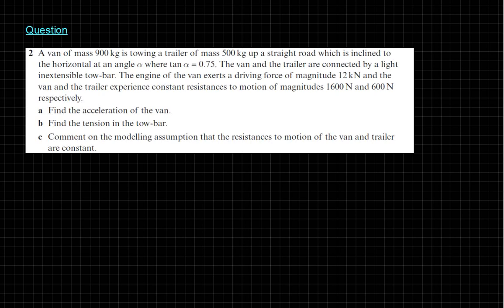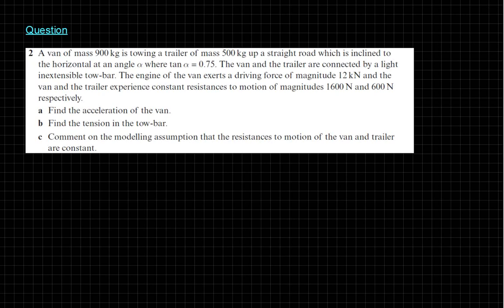In this case, the particles are a trailer and a van, but we're modelling them as particles. This time they're connected not by a string but by a tow bar. The only difference is that with a string, when you pull it, there's tension on each end, but when you push it, there's no tension. It just becomes slack, becomes floppy.